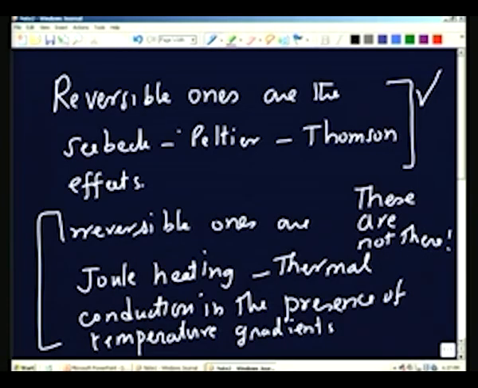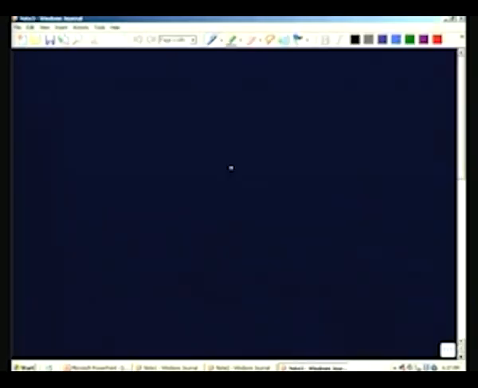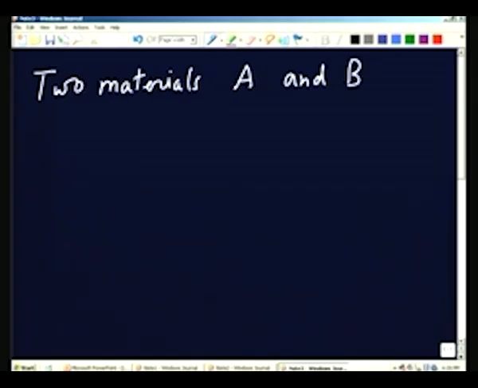So, let us look at these three effects, the Seebeck, Peltier and the Thomson. Let me consider two materials A and B. They may be either metals or alloys, but they have to be two different materials.